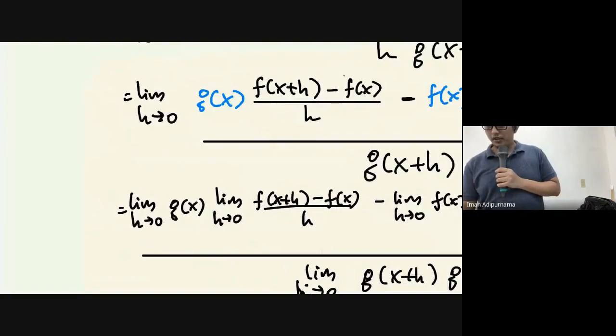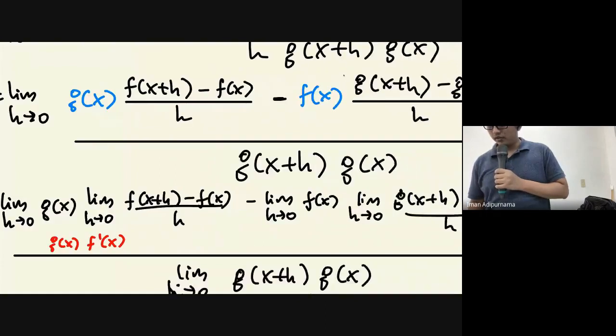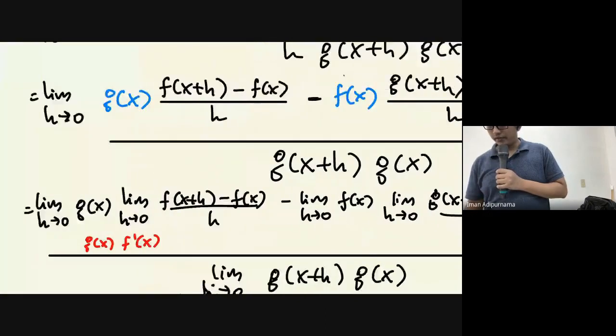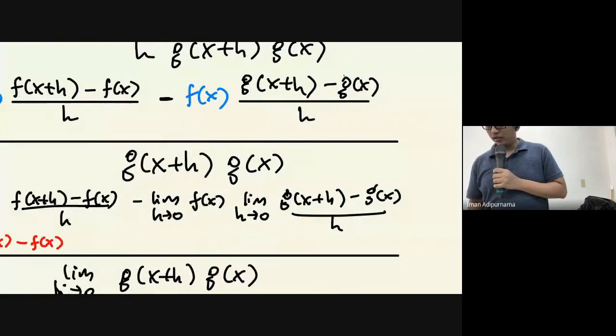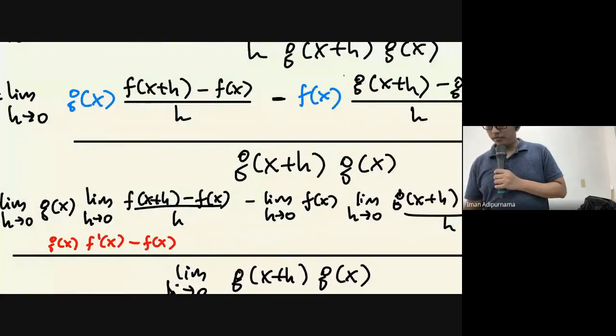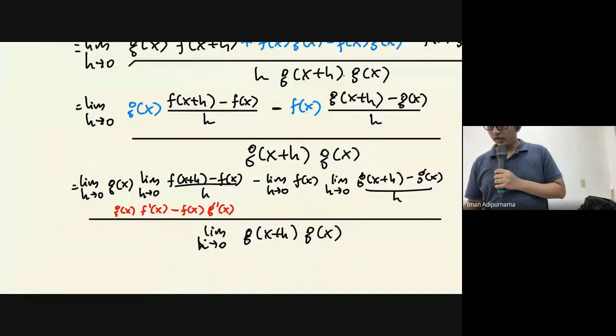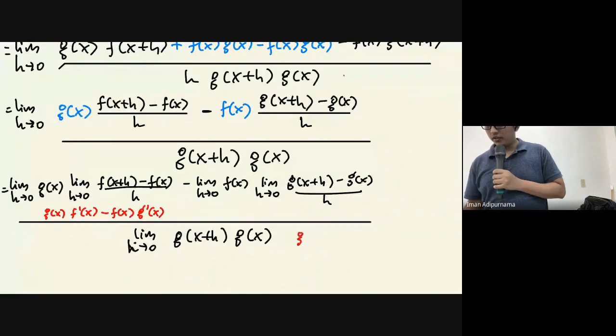So this one becomes g(x), this one becomes f prime(x), this one just becomes f of x, and the other one will be g prime. And the bottom one is just g(x) squared.